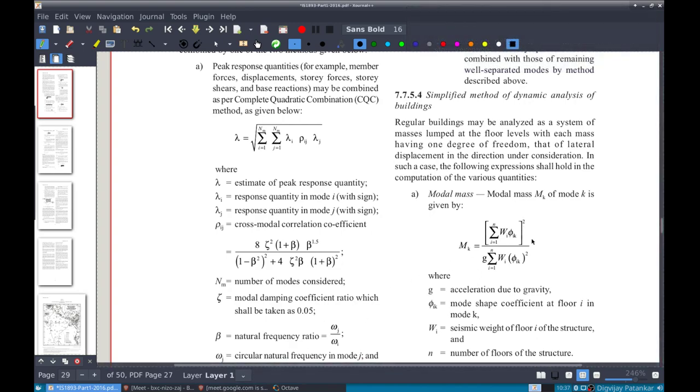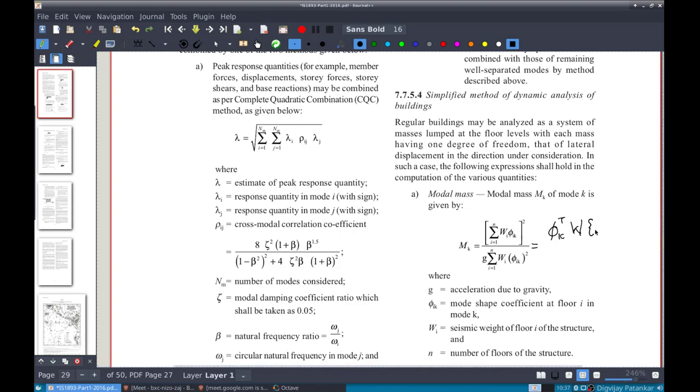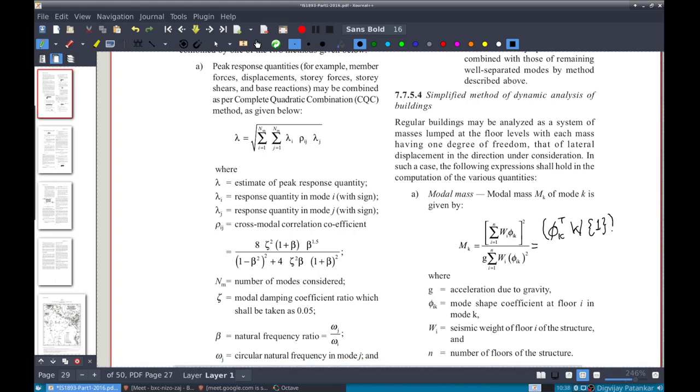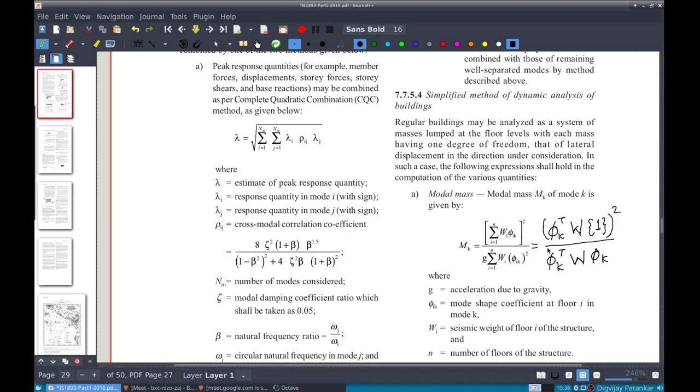So this is nothing but phi k transpose. For the kth mode it is phi k transpose. Instead of mass you can take weight as well, seismic weights W, times 1, so this is a unit vector, and the square of this, which I forgot, divided by phi k transpose W phi k, and then g.